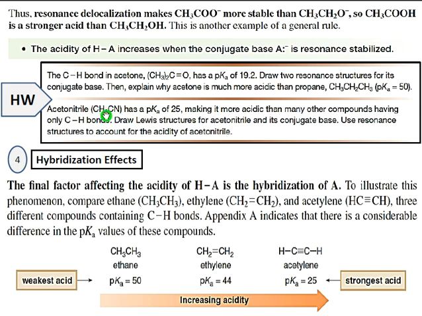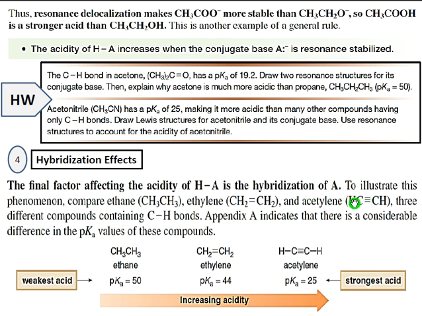Hybridization effect is the percentage of the s orbital. Now I will explain the final factor affecting the acidity of HA, which is the hybridization of A. To illustrate this phenomenon, compare ethane with ethylene and with acetylene.